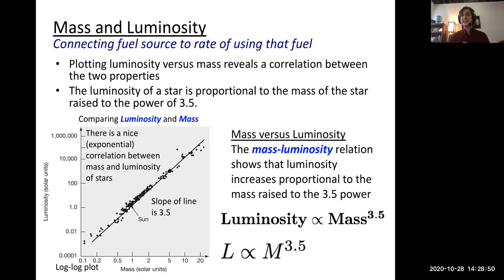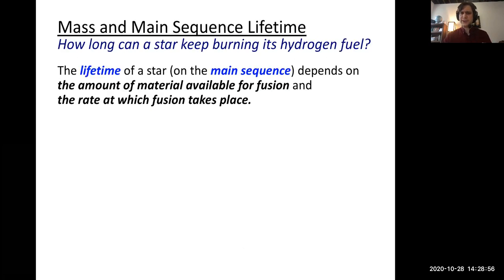What I want to do is take this mass and luminosity relationship and apply it to come up with something that's really darn cool: how long a star will live on the main sequence. Remember, this is 90% of its lifetime. So you're really talking about how long a star will live. And yes, stars live and die.